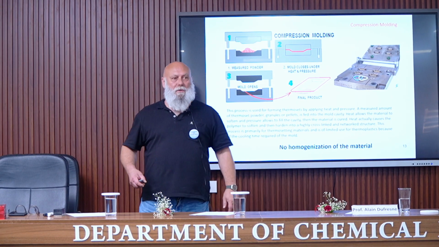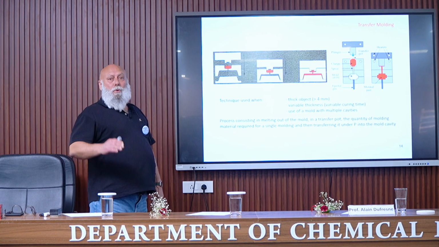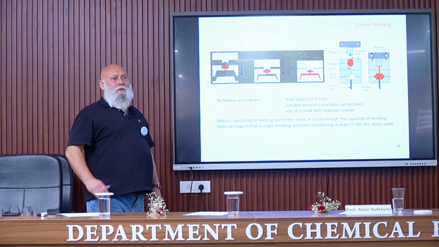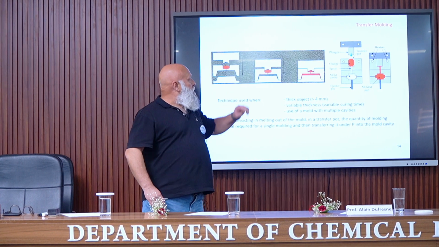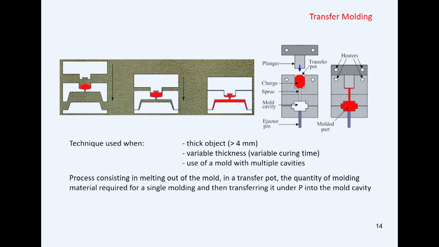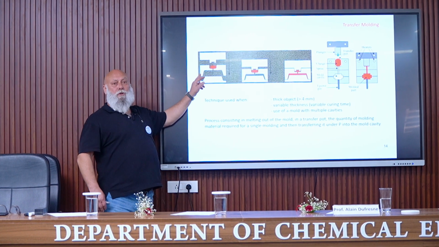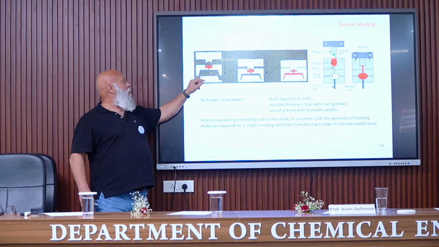To have some homogenization of the material, it's possible to use what is called transfer molding. In this case, you can see that the mold is formed of three parts. The part which is in the middle is called the transfer pot. And the material is put in this part at the beginning of the process.